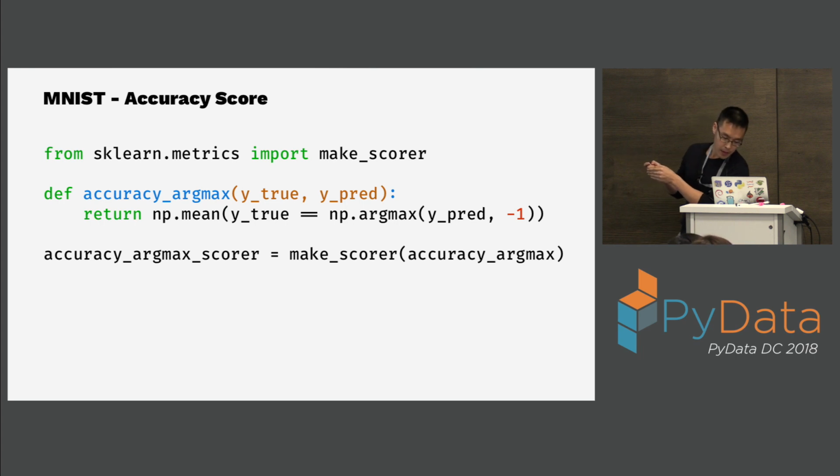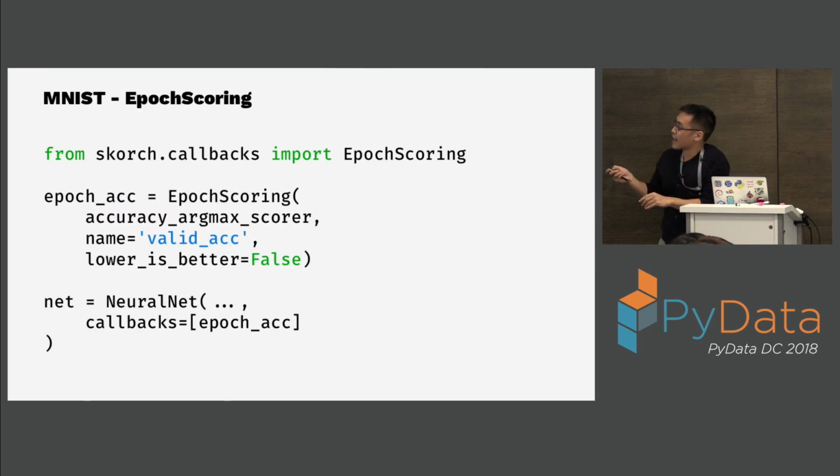So simple. Now, Skorch has a callback, our first callback, called the epoch scoring callback. It takes in the score we just created. You have to name it so it knows what to put on the log. And importantly, you have to set lower is better to false, because at higher accuracy score is better.